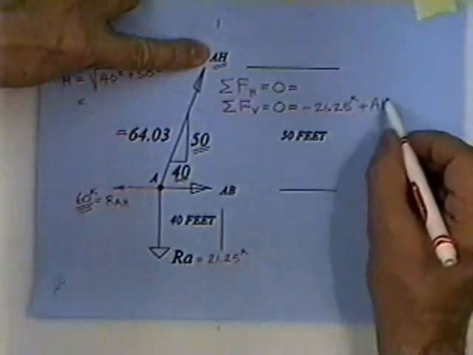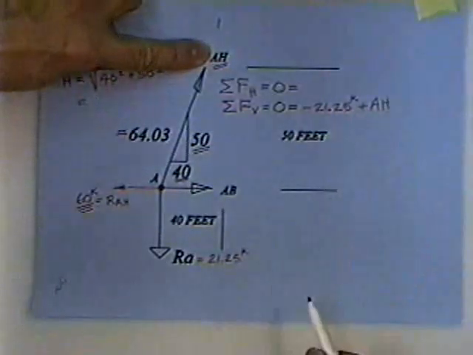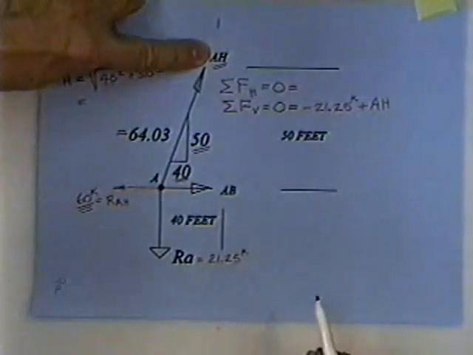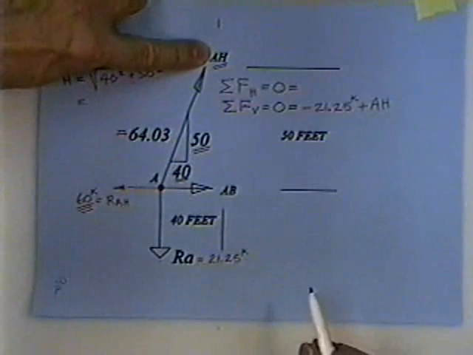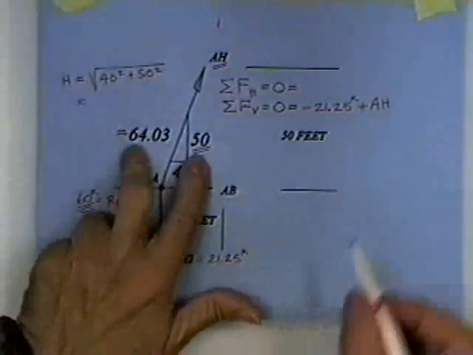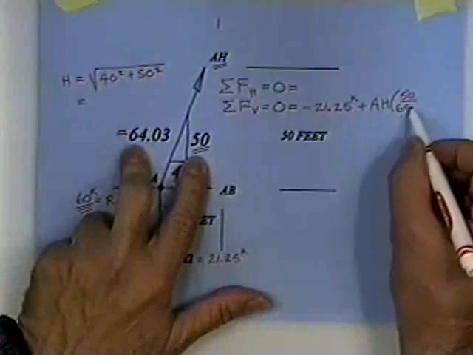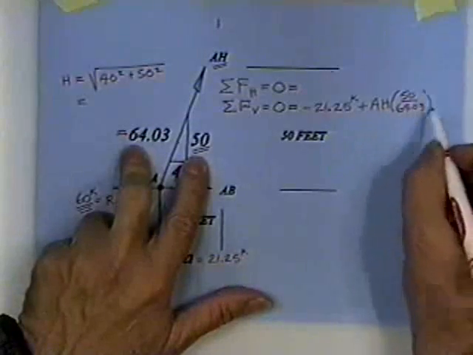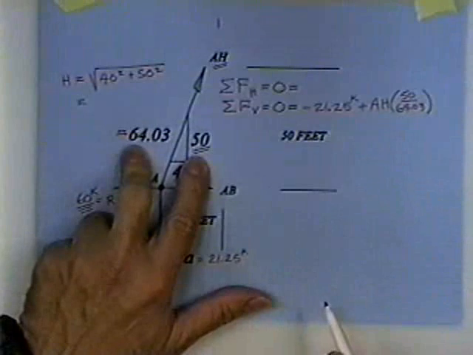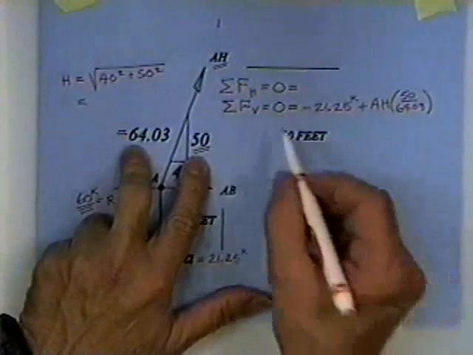Plus AH, except not all of AH points up. Only 50 out of 64.03 acts up. And that gives me the answer for AH.